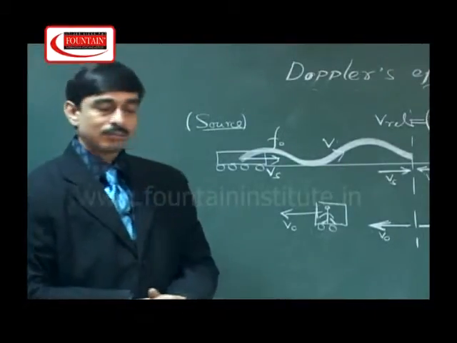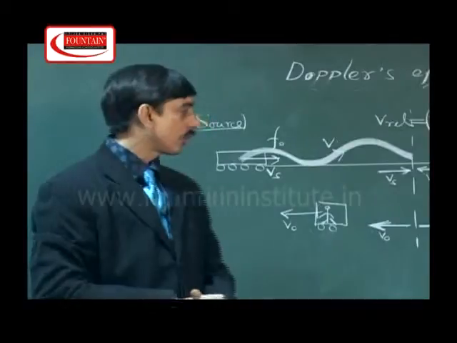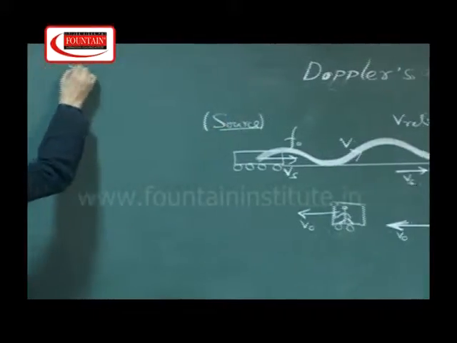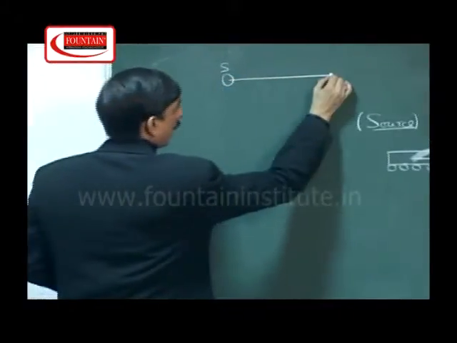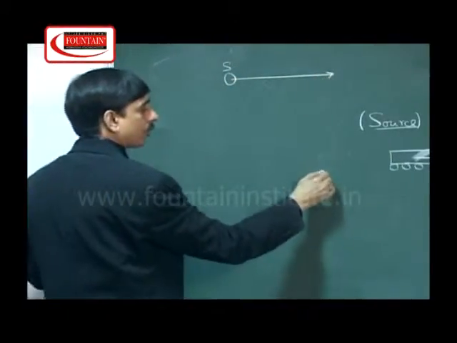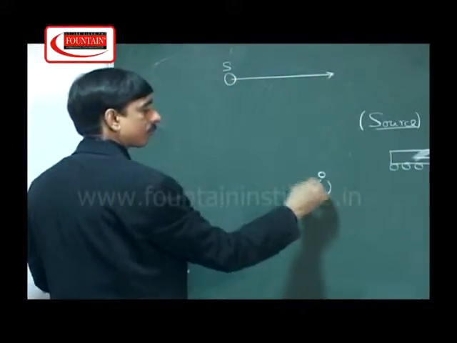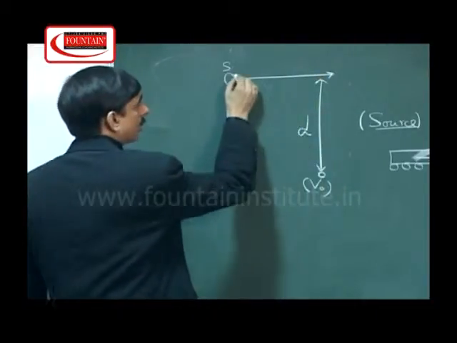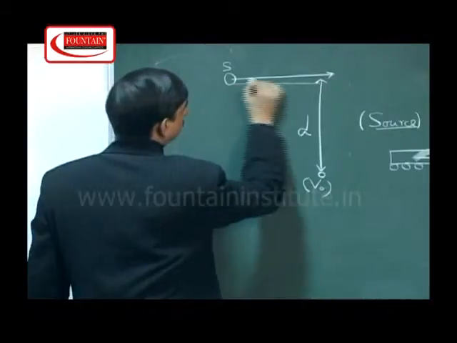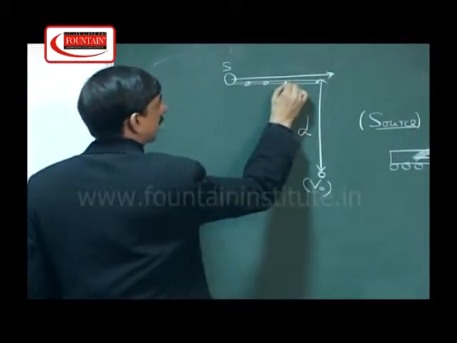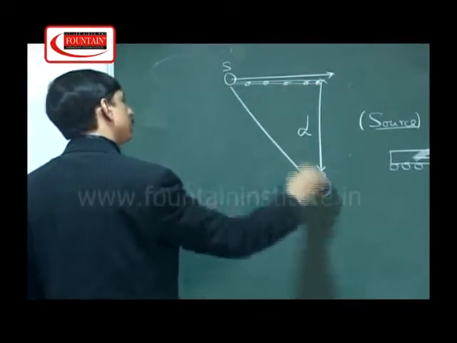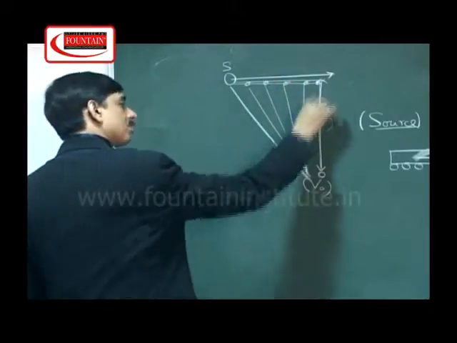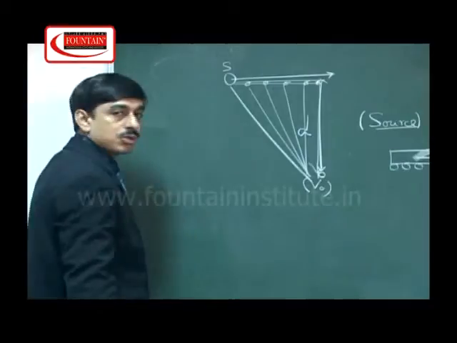So case 7 is about the position of the source. This is the position of the source and that is the position of the listener. They are d distance apart from each other, and the source is moving on this track and the listener is getting the sound from different positions at different angles, till the angle becomes 0 degrees to each other.